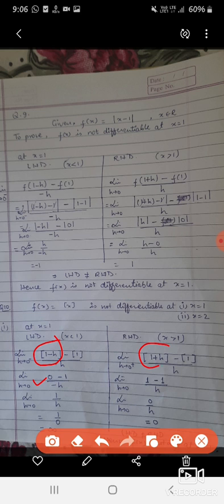But if you add any small quantity to 1, h is any small quantity here, it will not become 2 or 3 or 4 or 5, it will always become 1, because it is the greatest integer function, so its greatest value is 1. It cannot be more than 1, so 1 plus h value will remain 1. And the greatest integer of 1 will become 1 as it is.